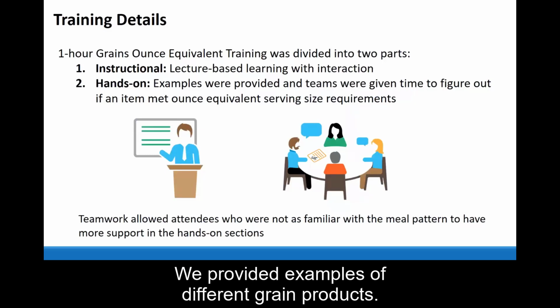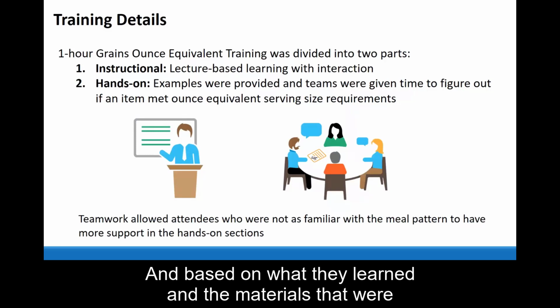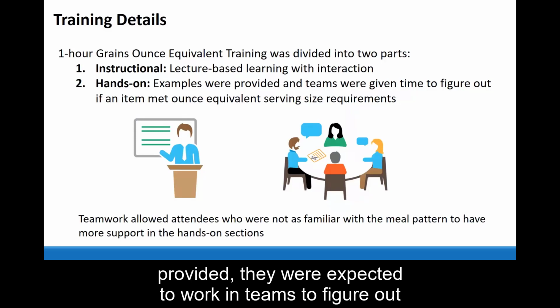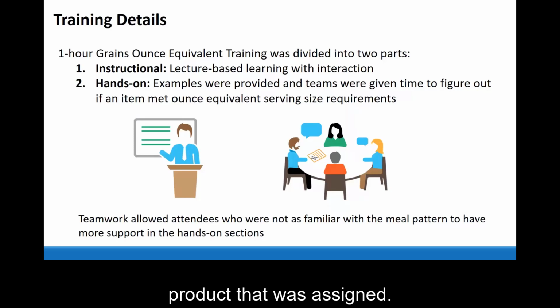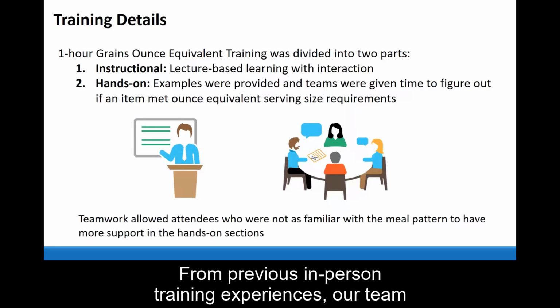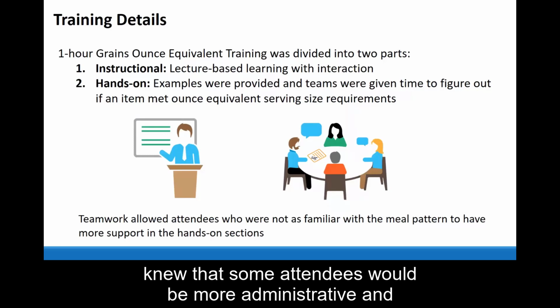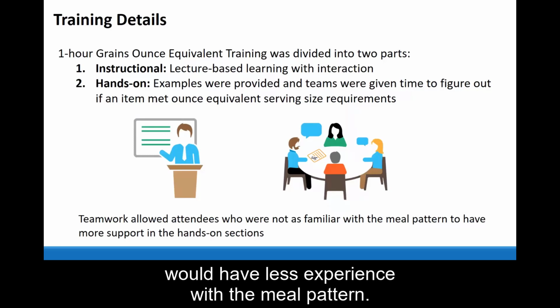We provided examples of different grain products, and based on what they learned and the materials that were provided, they were expected to work in teams to figure out the ounce equivalent serving size for each product that was assigned. From previous in-person training experiences, our team knew that some attendees would be more administrative and would have less experience with the meal pattern.